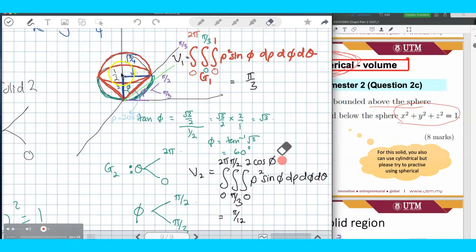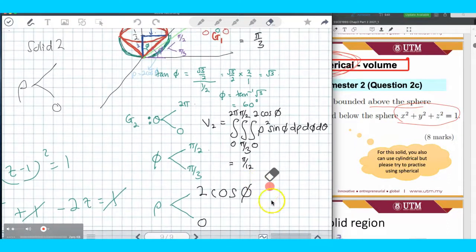So the volume for the ice cream cone surface inside here, which is given by G1, is pi over 3, and for the second one, the balance of the solid in the green color here, which is G2, using this limit, when you evaluate that, it will give you pi over 12. Okay, so please do it yourself. I just want you to try yourself and find the answer by yourself, just for practice. Here I just give you the final answer.